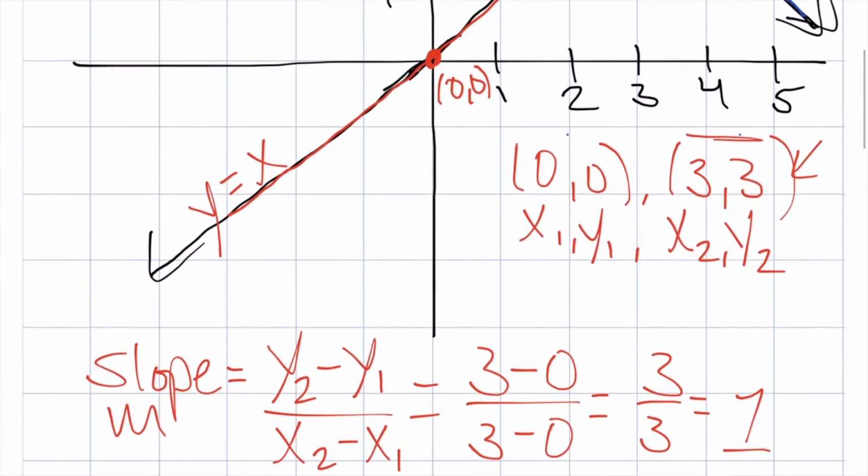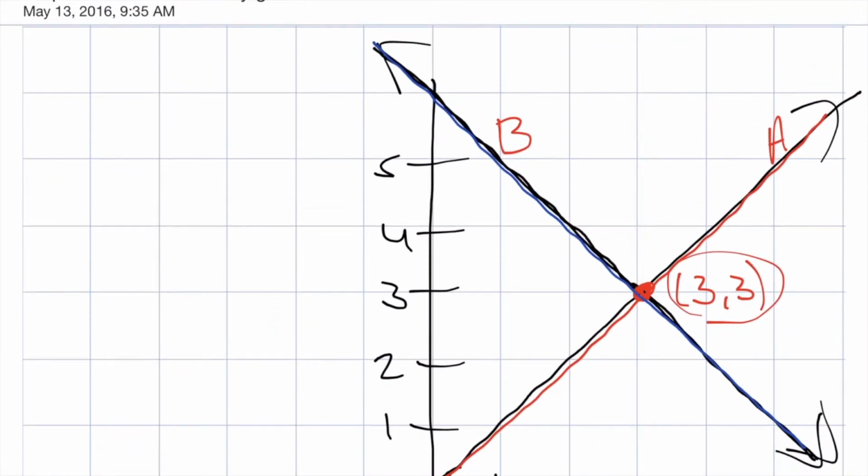And I'll write that in. Oops, sorry. Okay, we now have the equation of both lines.